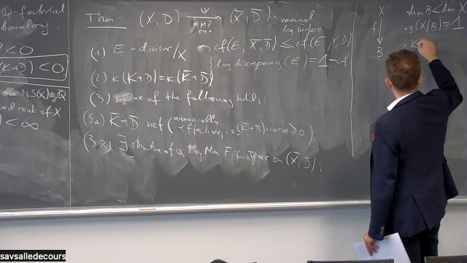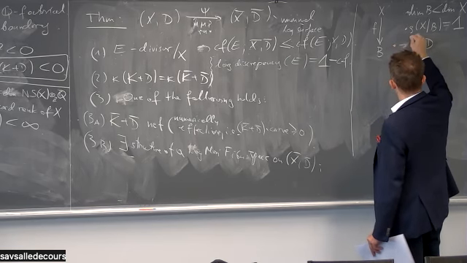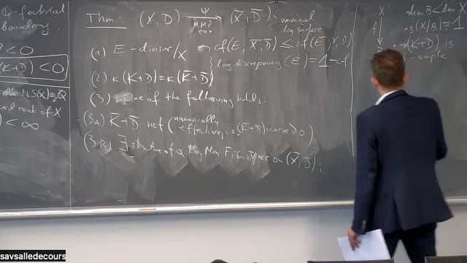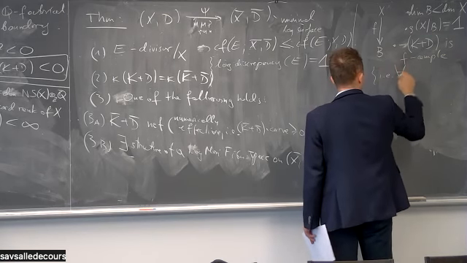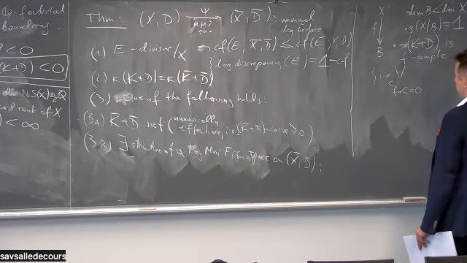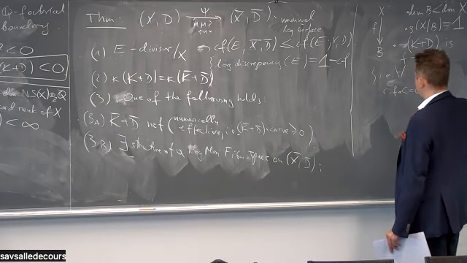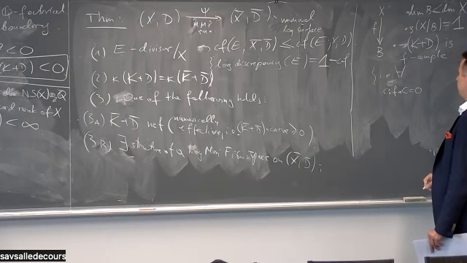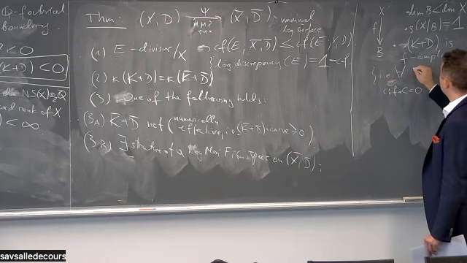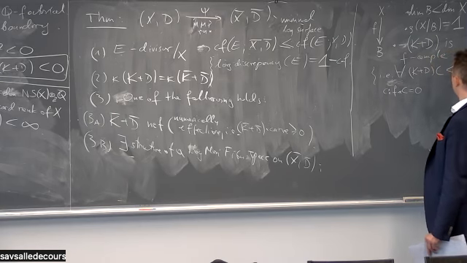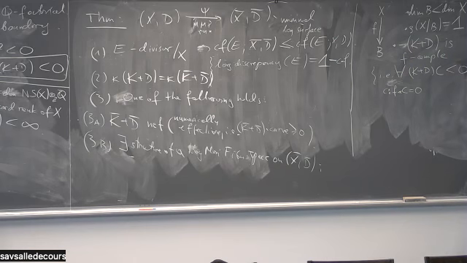So minus (K plus D) is F-ample, which means that for every curve C such that F star of C is 0, (K plus D) times C is negative. So minus (K plus D) is ample on curves contracted by F, okay?